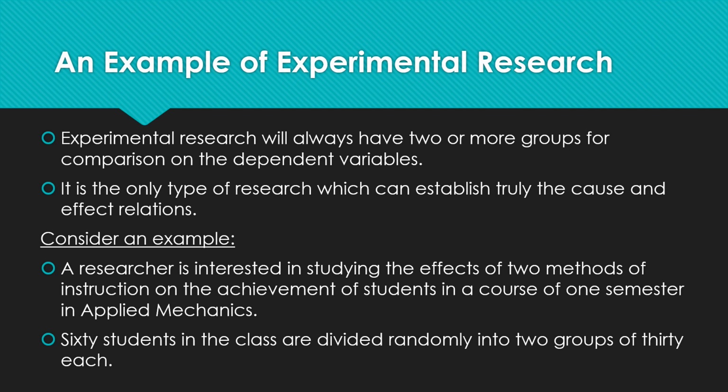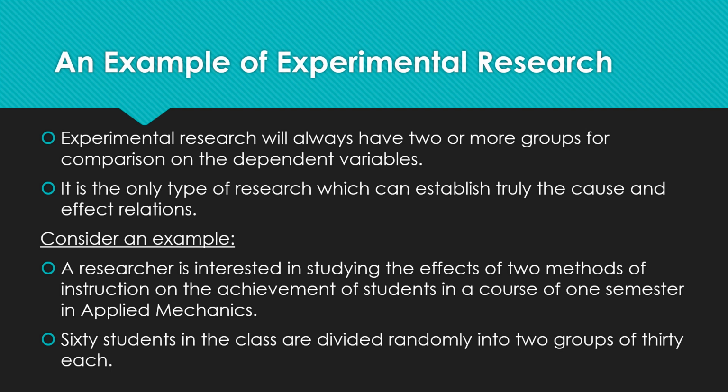For experimental research, you always have two or more groups for comparison on the dependent variables, and this is the only type of research which can truly establish cause and effect relations. For example, a researcher wants to study the effect of two methods of instruction on the achievement of students in a course of one semester in applied mechanics.